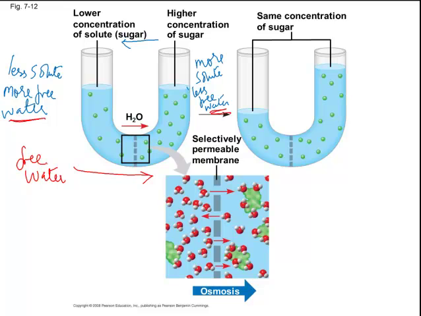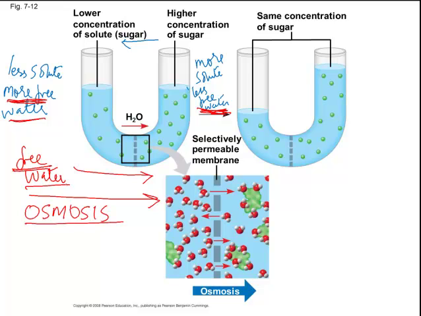They will move in such a way that when it reaches an equilibrium, probably this is how it would look, wherein both the solute and the amount of free water reach equilibrium. This movement of free water from a more free water region to a less free water region is osmosis. Please note, I keep saying movement of free water: water which is free to move, water which is not bound to a solute.